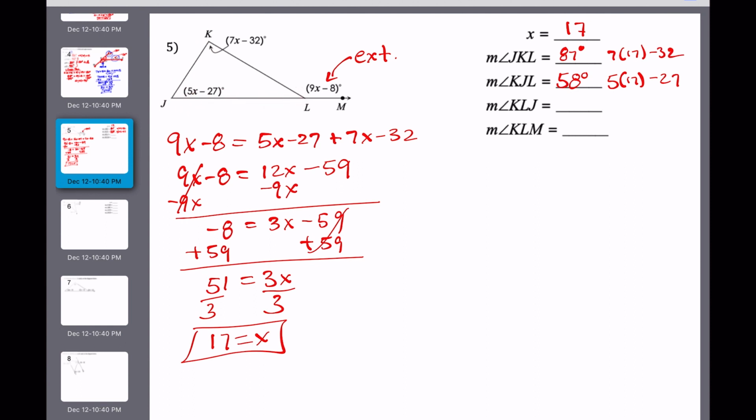Next is KLJ. If you go from K to L to J, well, that's the third angle in our triangle. So we can say 87 degrees plus 58 degrees plus angle 3 equals 180. So I'll call that angle 3.